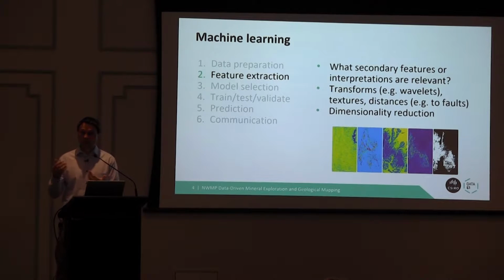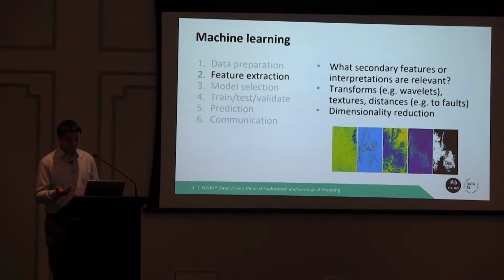We can also use other transforms like wavelets to characterize the different patterns. And last but not least, we can perform some data reduction so that the algorithm runs better.